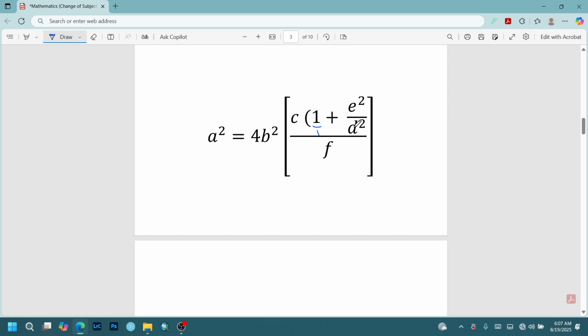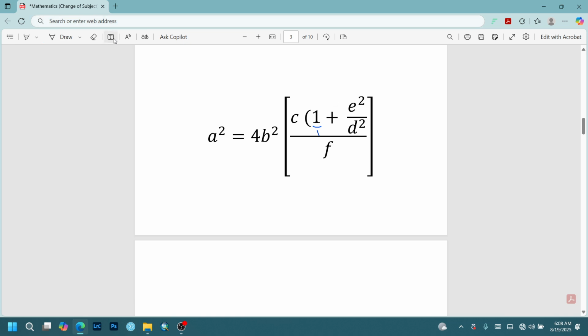So here you cross multiply, multiplying the denominator on your right side with the numerator on your left side.